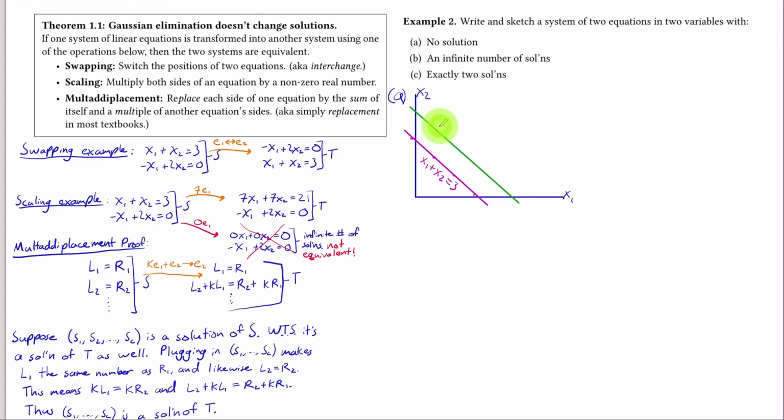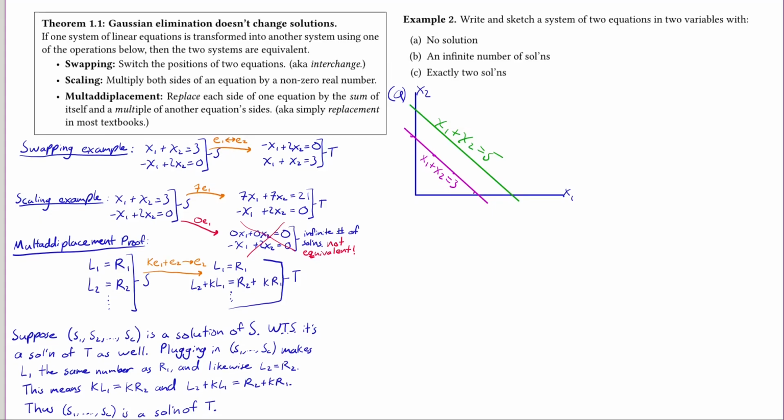So maybe x1 plus x2 equals 5. And yeah, you can see that the lines never intersect, so graphically there's no solution. But just thinking algebraically, whatever pair of values you plug in for x1 and x2, there's no way that x1 plus x2 can simultaneously equal 3 and 5. So that's another way to see that there's no solution.